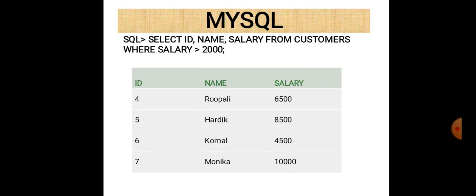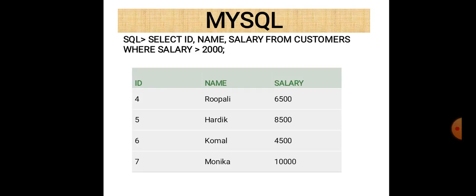If you want to select a particular column or a group of columns, then name those columns after select, and if you want to select all columns, then you can use star. So here I want to show only 3 columns: id, name, and salary. Then keyword from, after that table name customers, after that where, and then salary is greater than 2000. So that is a condition.